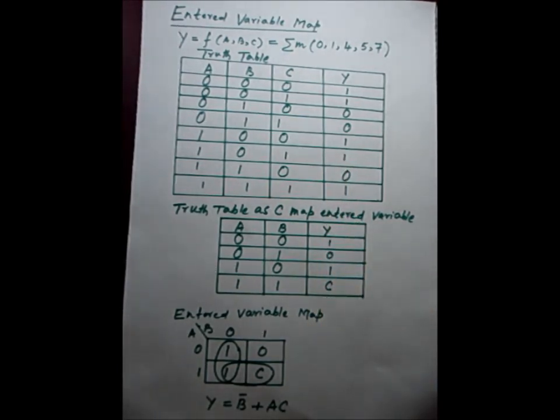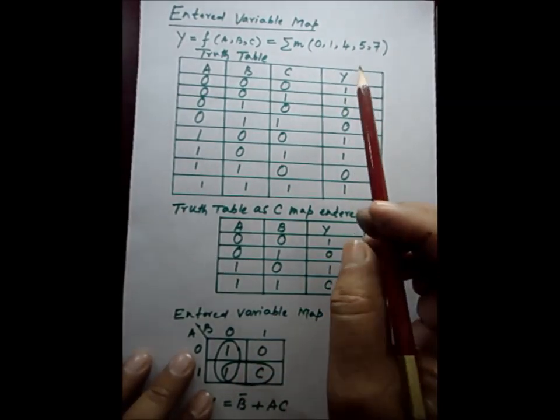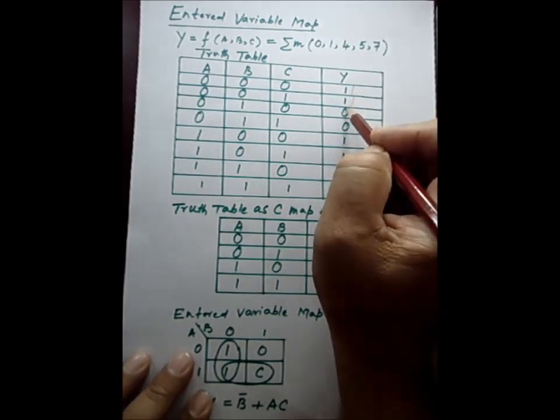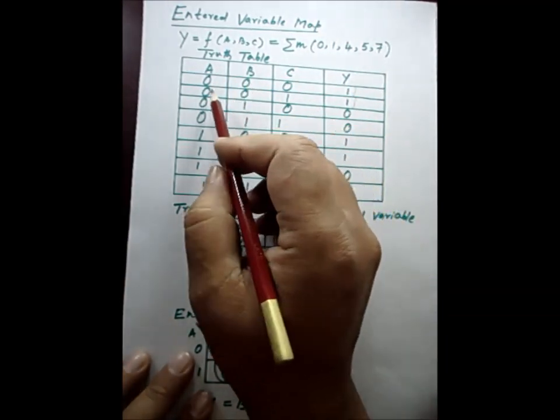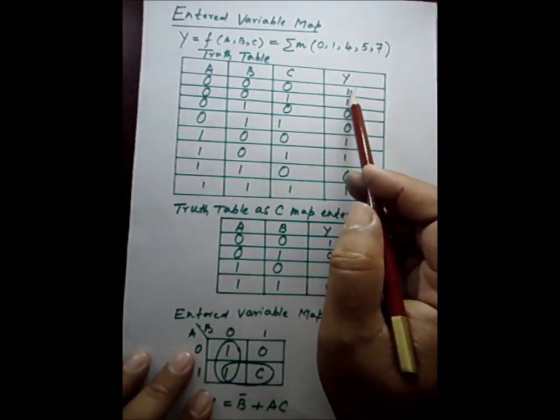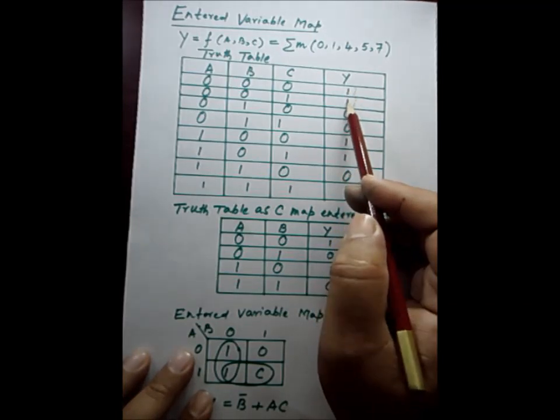After preparing the truth table, the next step, if we want to reduce one variable, is the entered variable method. If we see that for these two, where A and B both are 0, 0, the output in both cases is 1.